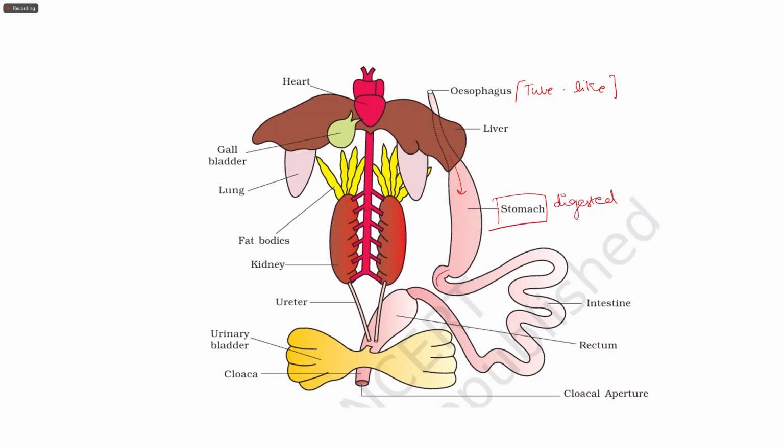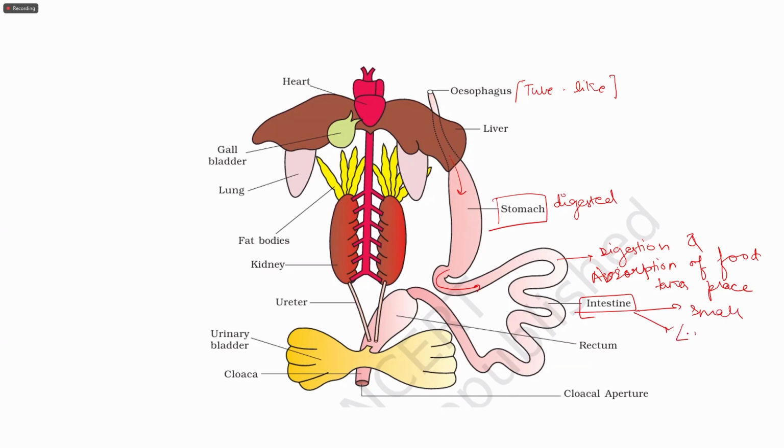Then the digested food passes through the intestine, where further digestion, assimilation and absorption of food takes place. The intestine is of two types, small intestine and large intestine. Then we have the rectum that ultimately opens outside the body through the cloaca, and the opening of the cloaca is the cloacal aperture.